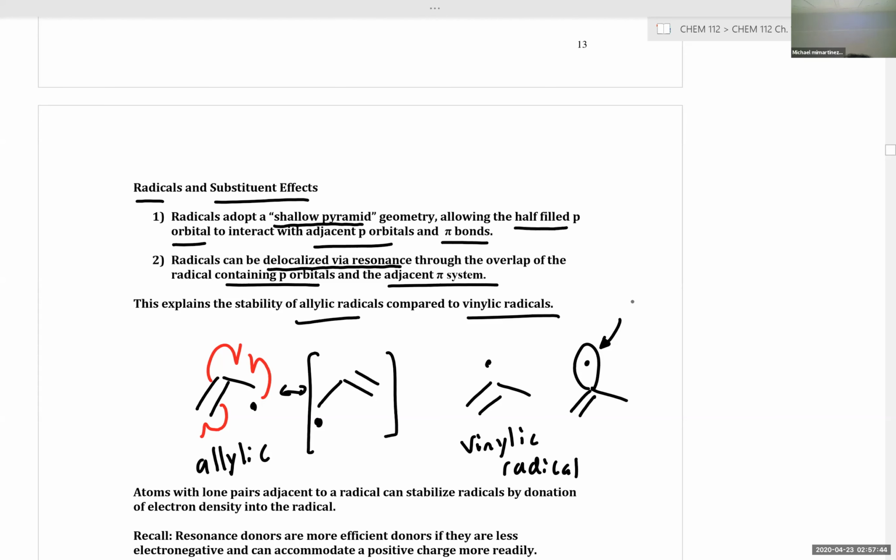Yeah, it's being held in an sp2 orbital. So can we easily delocalize and stabilize this vinylic radical? No, we can't, because it's in an sp2 orbital. It's not in a p orbital. It can't be delocalized via conjugation to any pi system. It's just locked on our carbon atom. Exactly right.